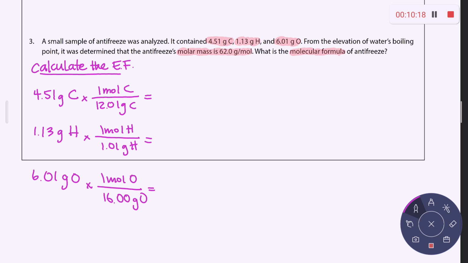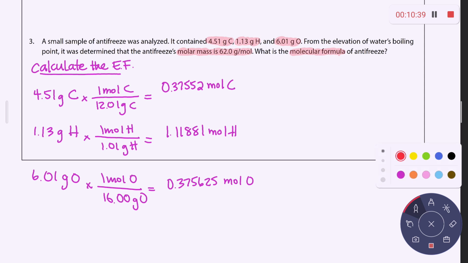No. I take my moles like 4 or 5 places beyond the decimal, and I don't round. There's my moles. What do I do now? Divide by the smallest mole.